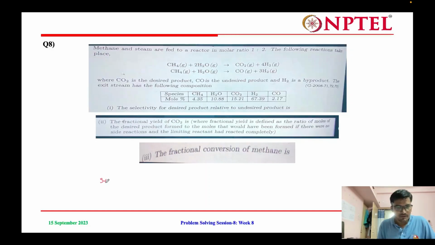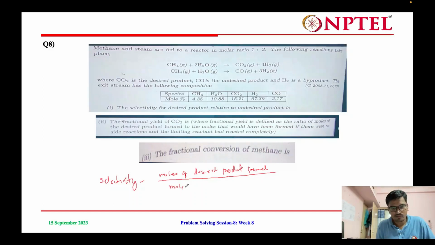To calculate the selectivity, the formula is moles of desired product formed divided by moles of undesired product formed. That is, moles of CO2 formed divided by moles of CO formed.